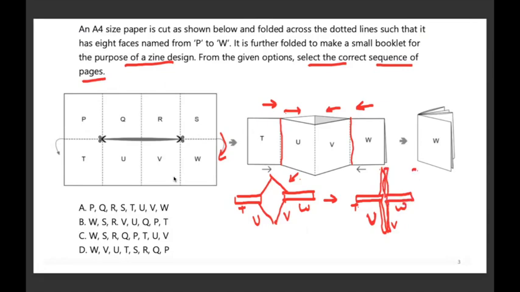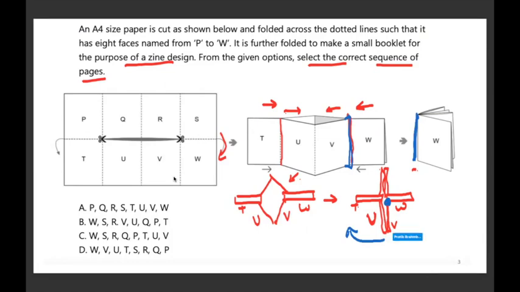Once this is done, along this pivot edge, along this edge itself between U and V, which is this anchor, we are actually folding all the papers together, where ye wala edge aapka ye ban jata hai. This edge becomes this edge here, and then it becomes a booklet like this.